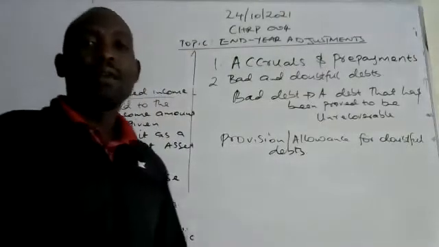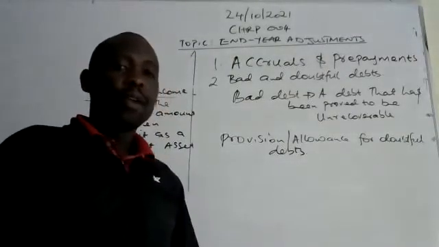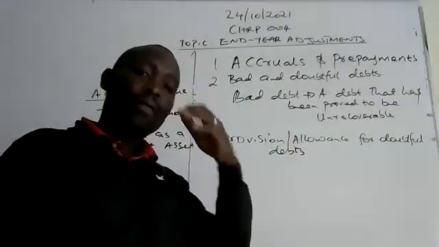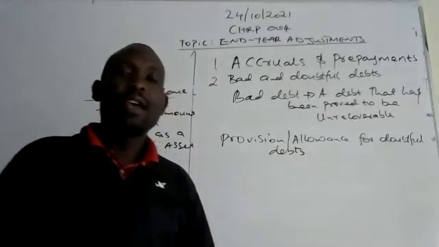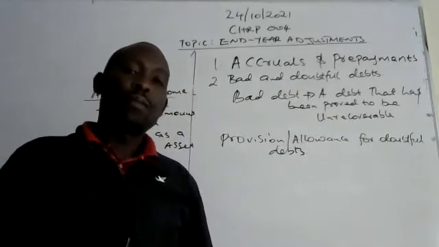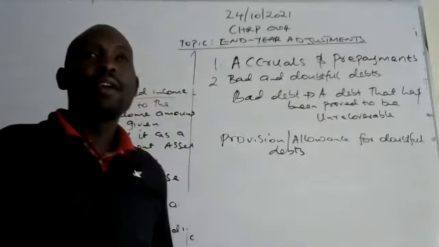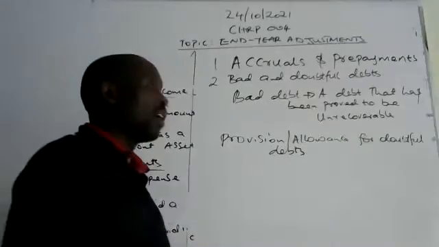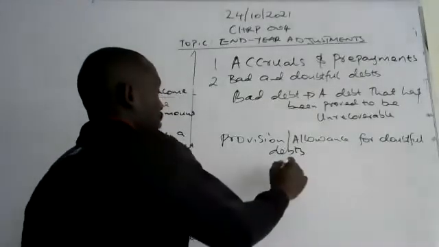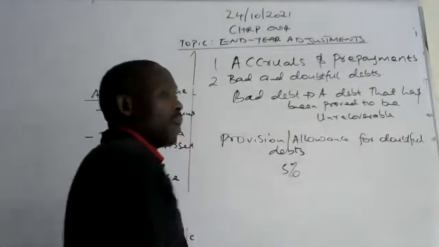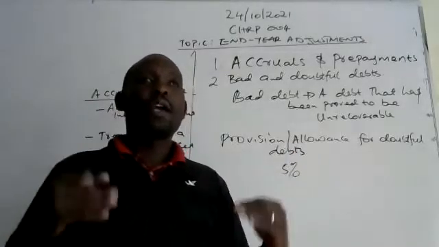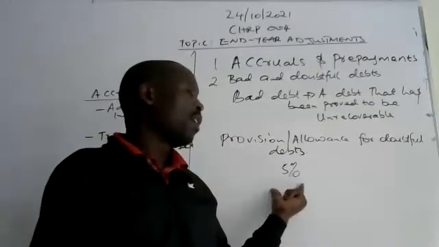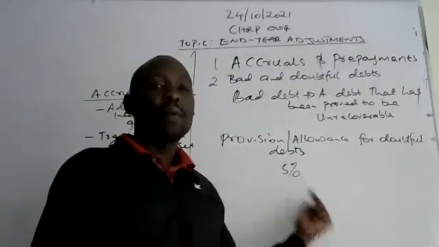Provision or allowance for doubtful debts. From my experience, maybe I have been running a business for the last 10 years, and through this experience I've confirmed that at the end of the year, I normally lose maybe 5% of the debtors to bad debts, or 5% of the amount I expect to be paid by the debtors is normally considered as bad debt.